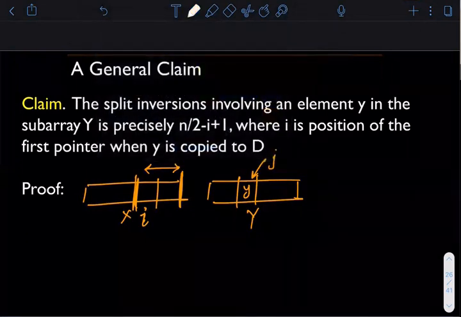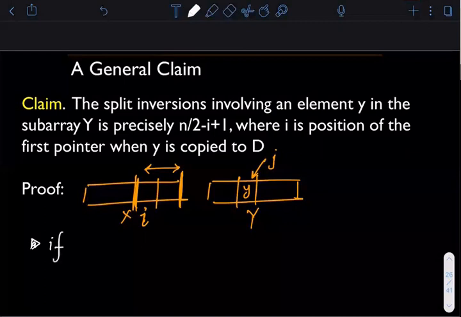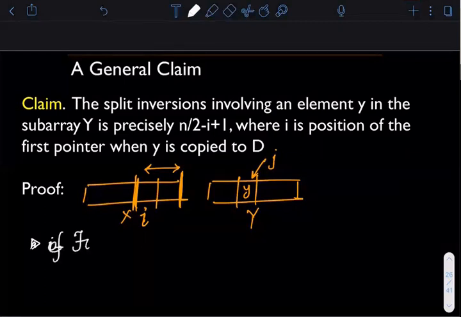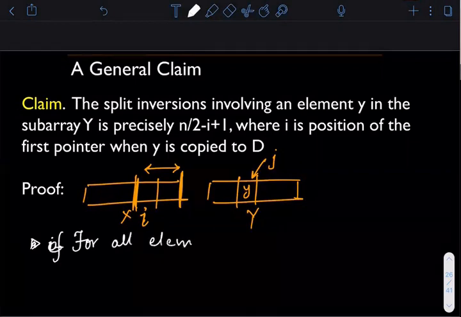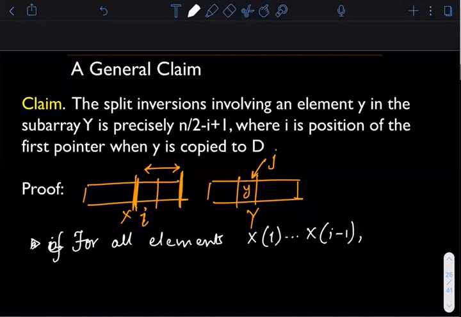Okay, so the point is that for all elements x1 to xi minus 1, what is the relationship between small y and these elements?